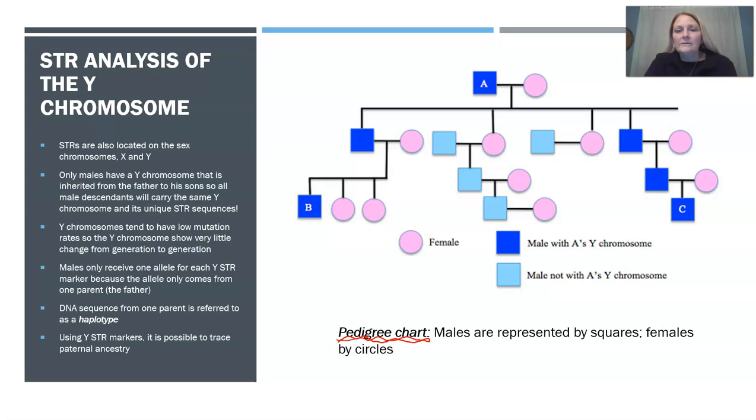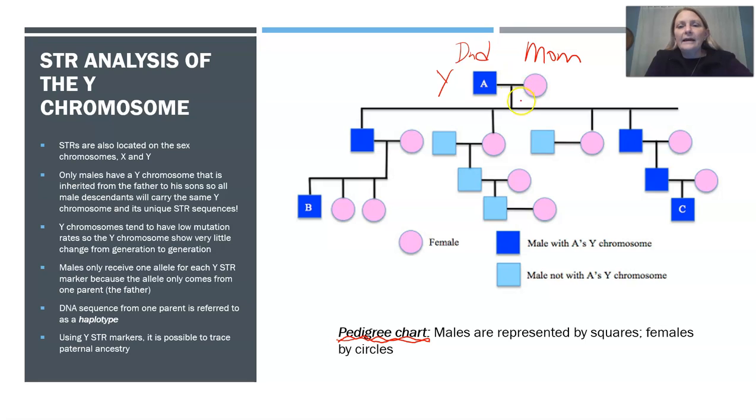So the squares on here represent the males and the circles represent the females. So up here at the top, here is the dad, and here is the mom. And so the dad has a Y chromosome. The mom does not, right?